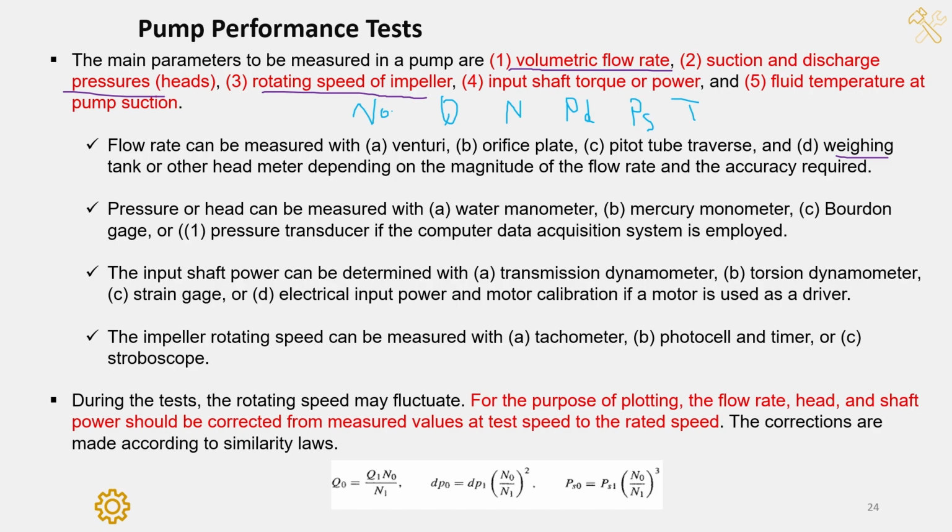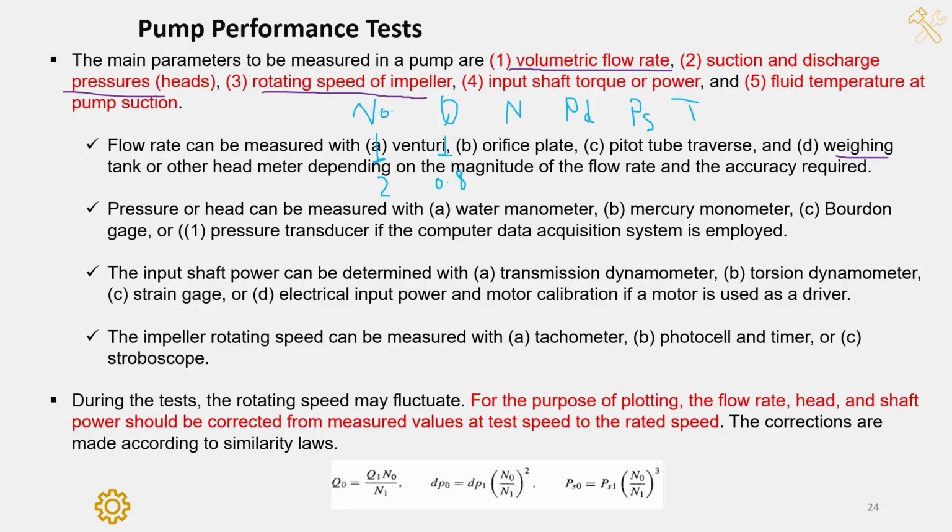So sometimes when you take readings for the same pump, the condition changes. Sometimes you might find that the volumetric flow rate at point 1 is 1, but at point 2 you took another reading and found the flow rate to be 0.8. So it's a fluctuating behavior of a pump.